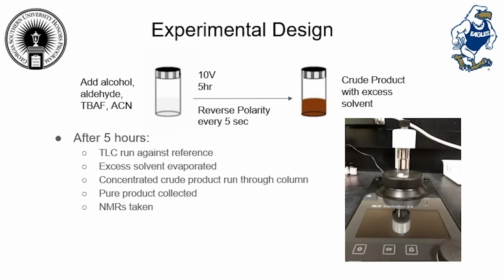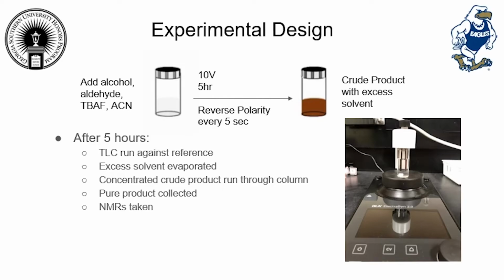To set up a reaction, you would take 20 drops of an alcohol, 20 drops of an aldehyde, 2 milliliters of acetonitrile, just so it's a solvent, and about 2 milligrams of TBAF. And all of this was added to a glass vial with a stir rod and 2 graphite electrodes.